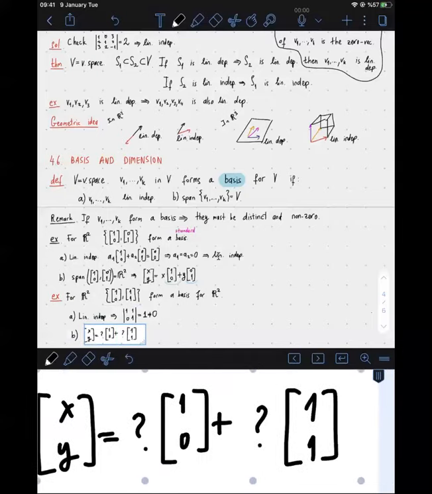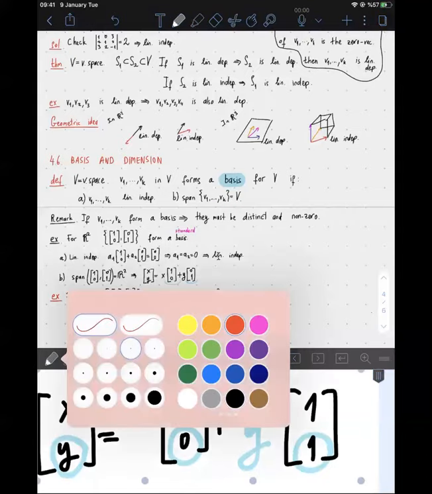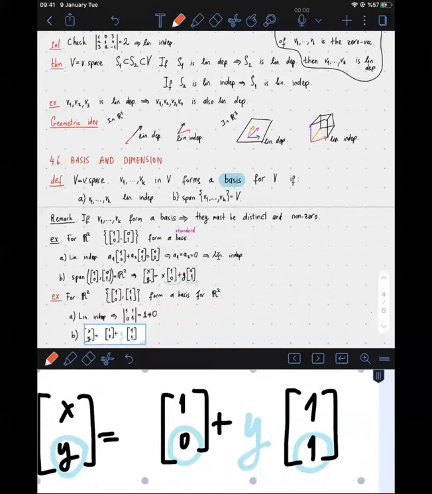If you look at the second component, this is y, this is 0, this is 1, which means this question mark must be y. Otherwise, it won't satisfy. So if this is y, then what must the first question mark be? So x equals something plus y. What is something? x minus y. Thank you.